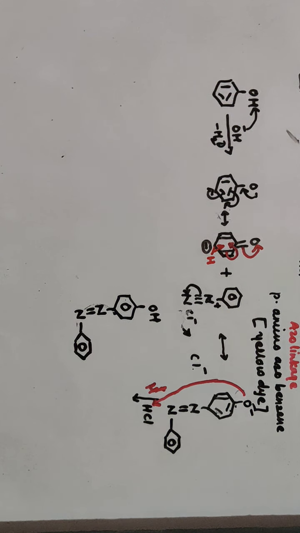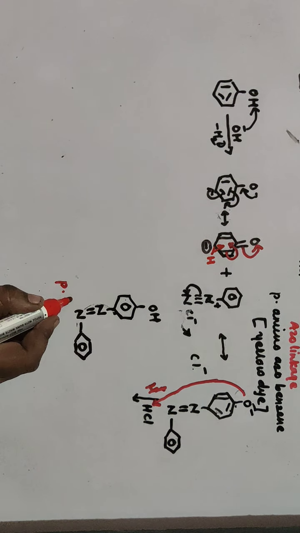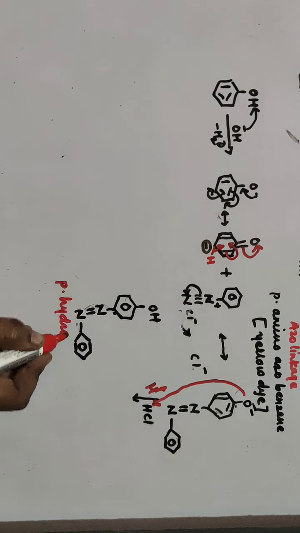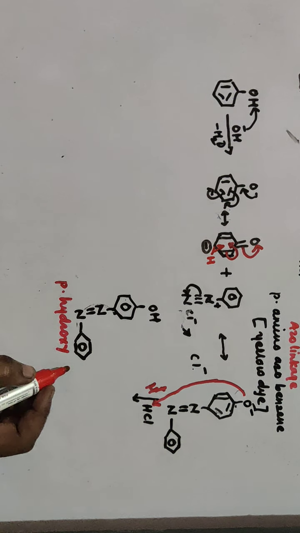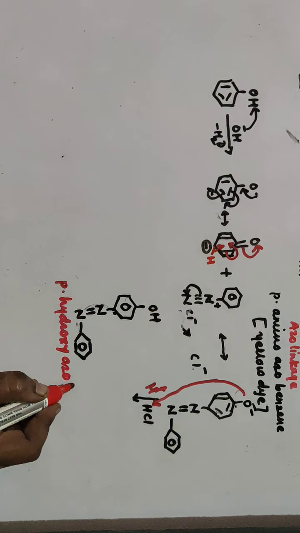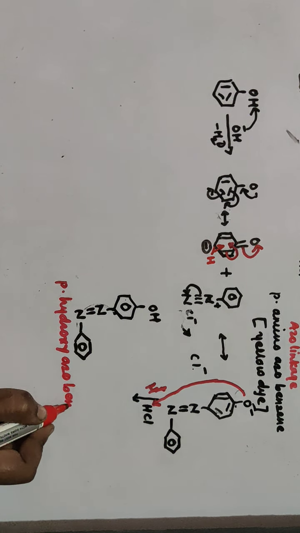and the name of this compound is para hydroxy azobenzene. The color of this compound is orange.